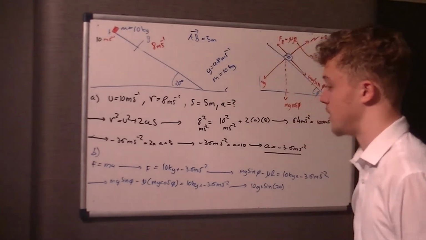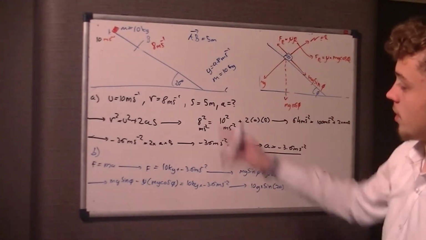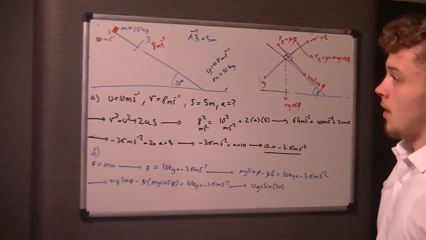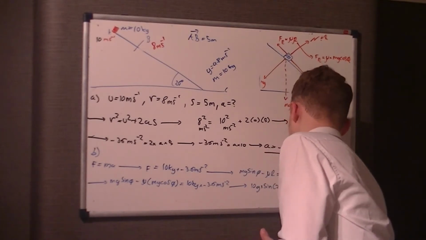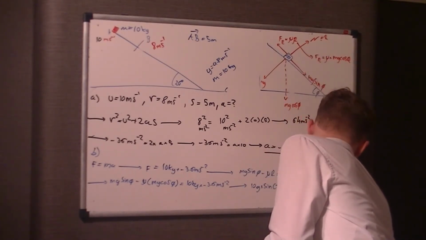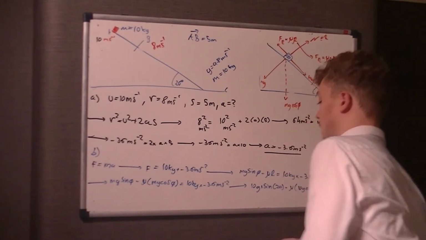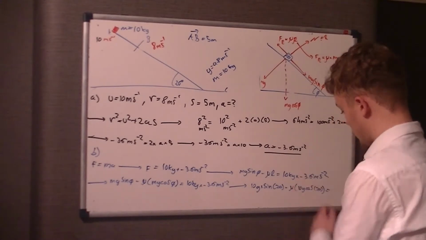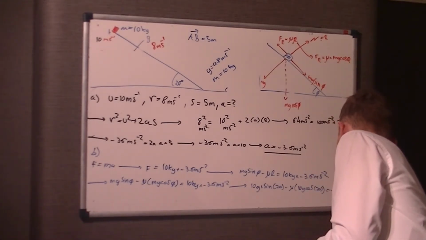Take μ times mg cos theta, which is 10g cos 20, equals 10 times minus 3.6, which is minus 36 newtons.